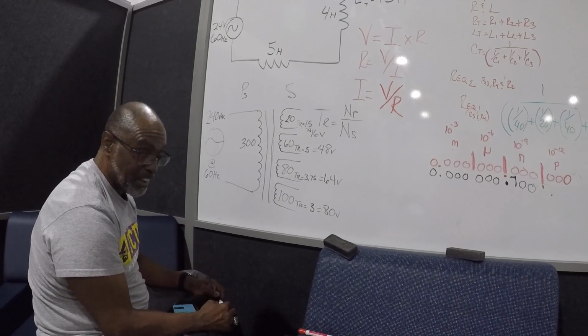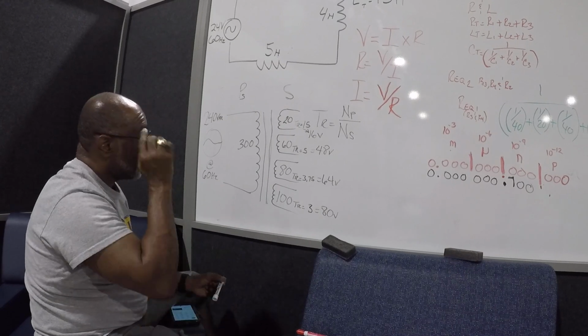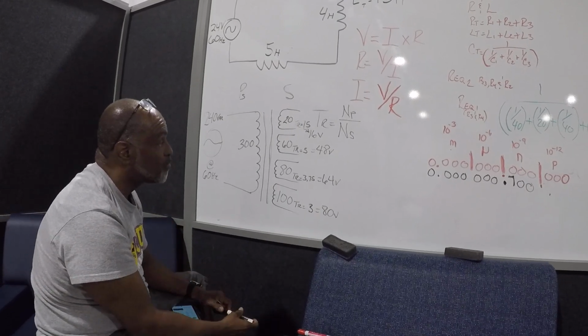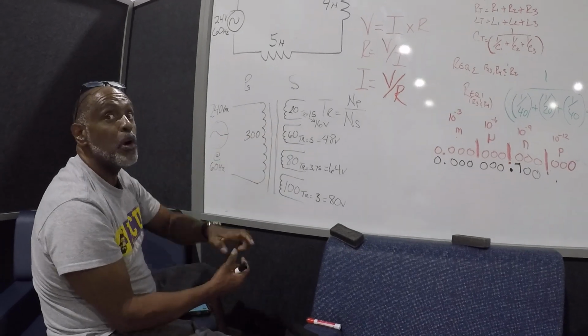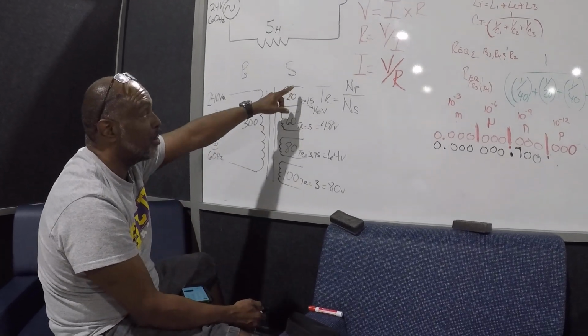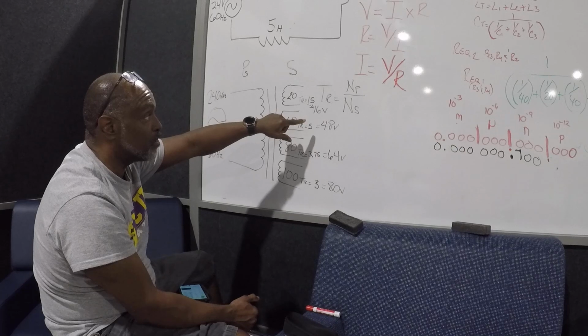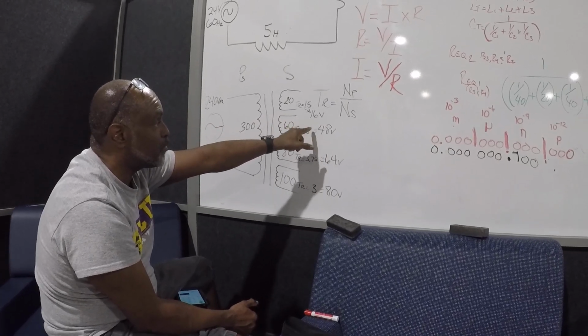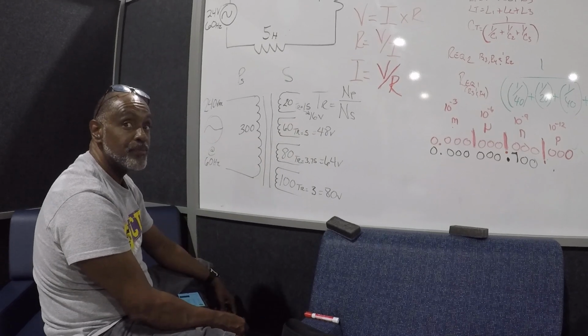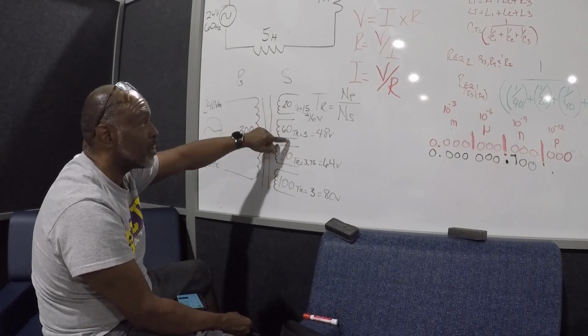It's as simple as that. And you don't add the 16 to the 48. They just stay the way they are. No, but I could tie them together to get a higher voltage.